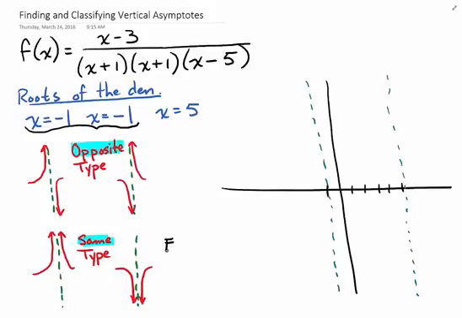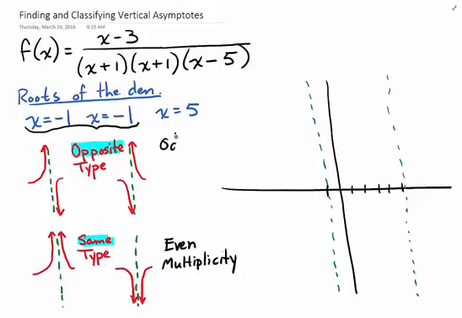And so if the multiplicity is even, then that particular vertical asymptote is going to be of the same type. So that means the graph is going to go up on both sides or down on both sides. We don't know which, but we know it's going to go in the same direction.